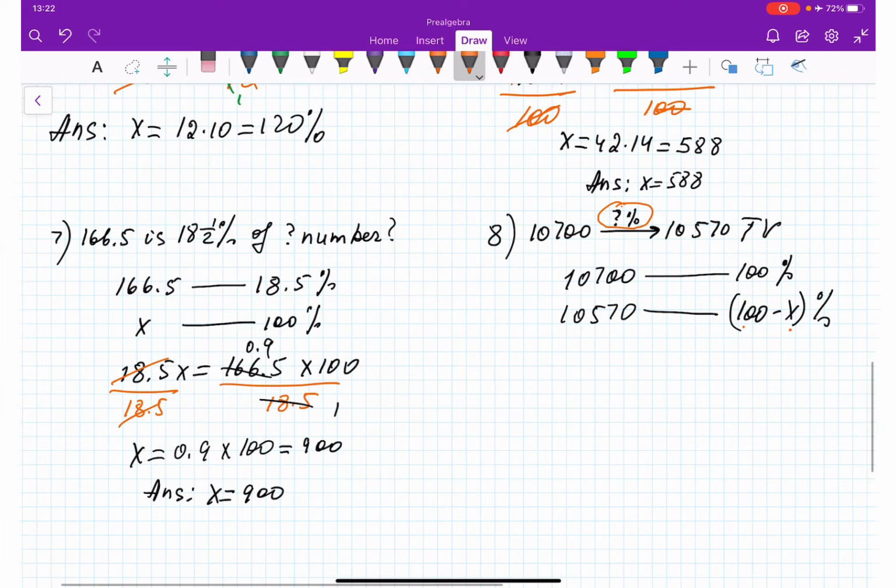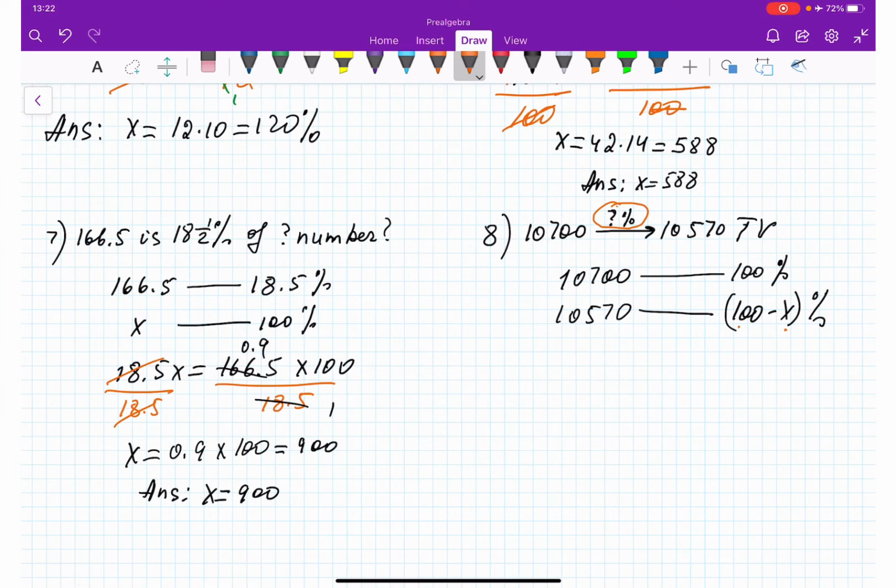So let's solve it. We are going to get 10,700 times 100 minus x, and it's equal to 10,570 times 100.